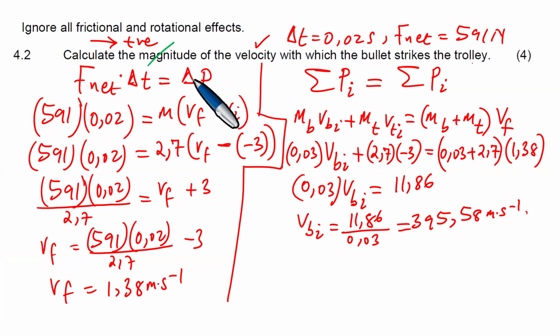Now, P itself is momentum. What is momentum? Momentum is the product of the mass and the velocity of an object. So this one is called the impulse, of a system associated with the net force and the change in time.